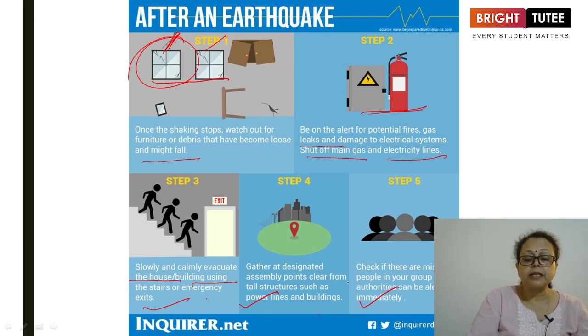Then check if there are missing people in your group, so authorities can be alerted immediately. If any person is missing from our group, it is our responsibility to inform them. So these are the steps after the earthquake.